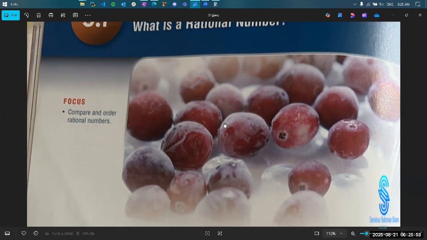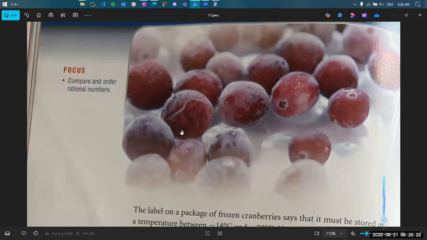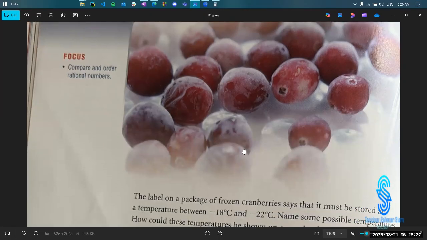Okay, so it looks like cranberries. It is a famous food, small, red, and native to North American people, and it's used in Thanksgiving dishes. Here the fruit looks like frozen fruit, frozen cranberries.